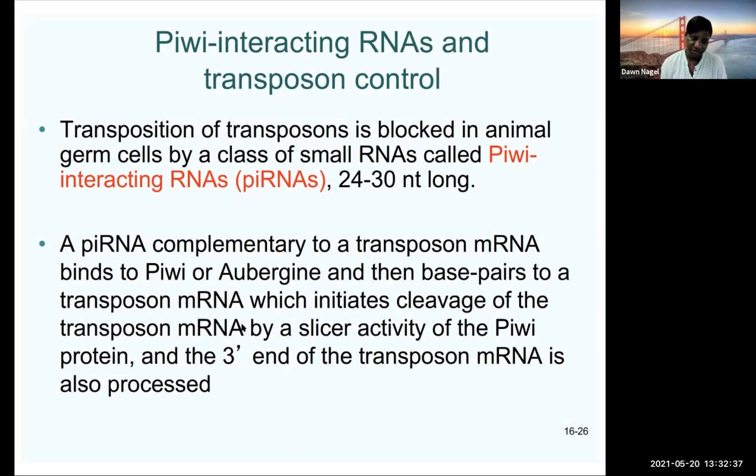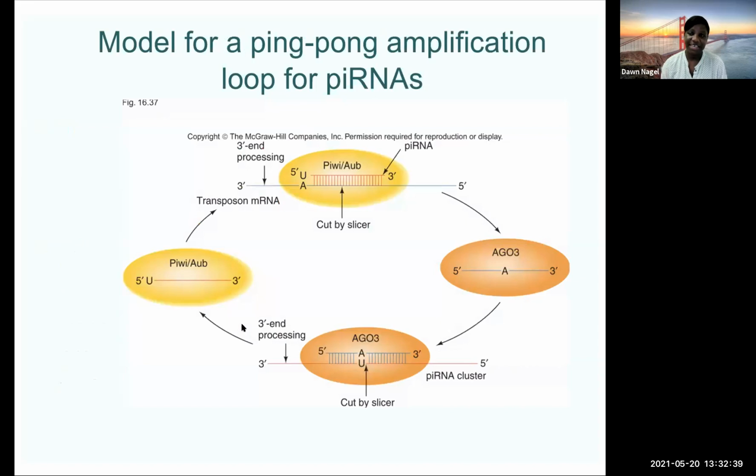This includes a series of steps that, in addition to cleaving the mRNA, you also need to process the 3' end of that target mRNA. This is important for amplifying this process, similar to how the siRNA is amplified through the mechanism using RNA-dependent RNA polymerase. This 3' processing is important for amplification of this step.